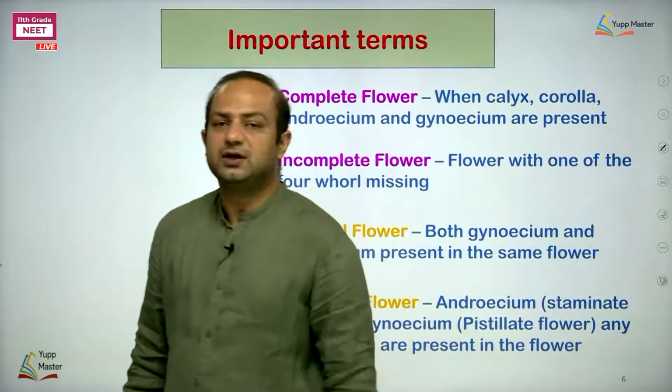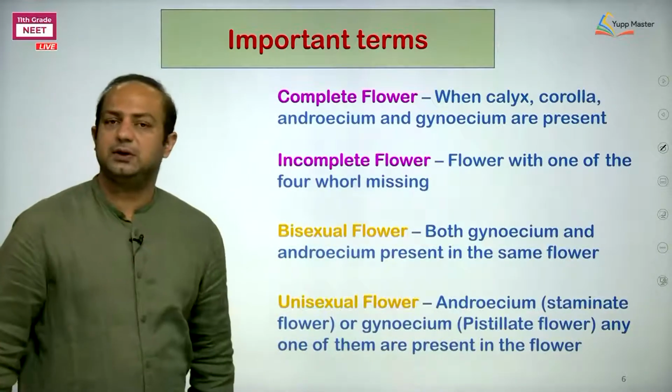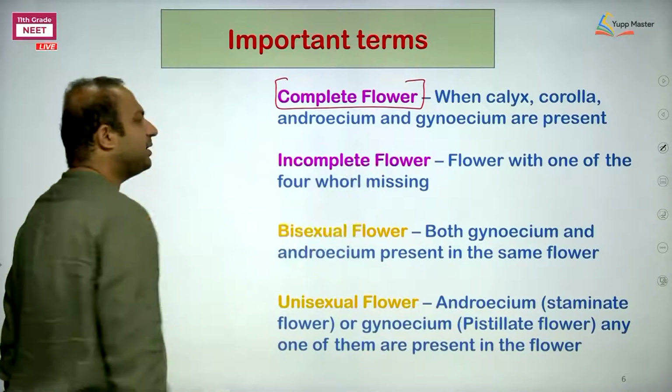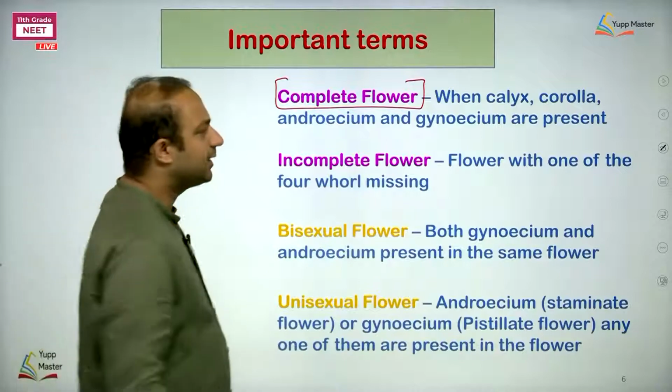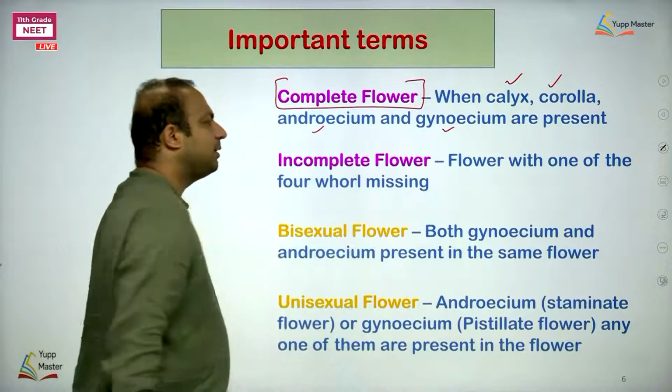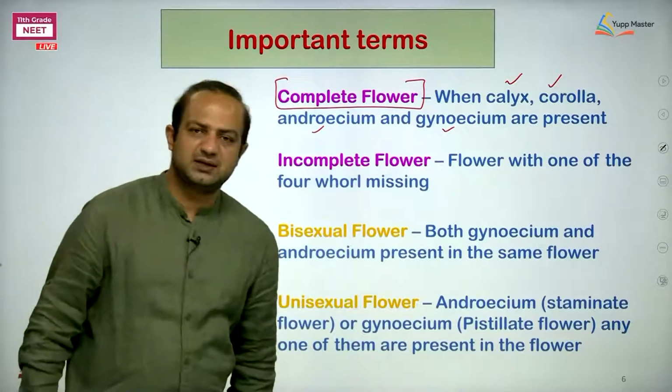So here are some terms that we need to know. A complete flower is one having all the members, meaning calyx, corolla, androecium, gynoecium, and this flower is essentially bisexual.